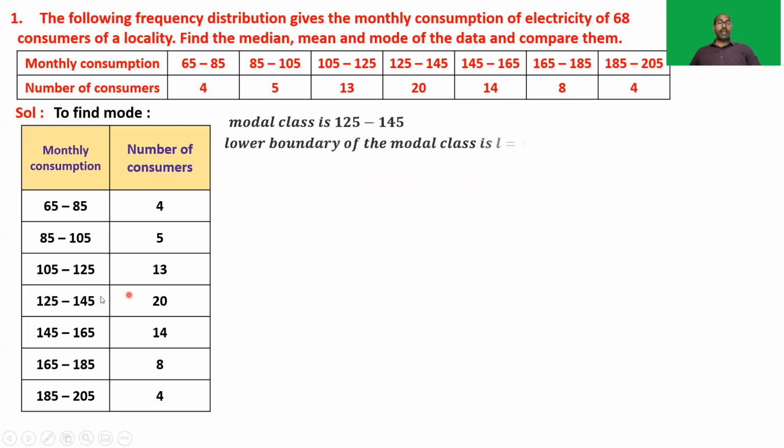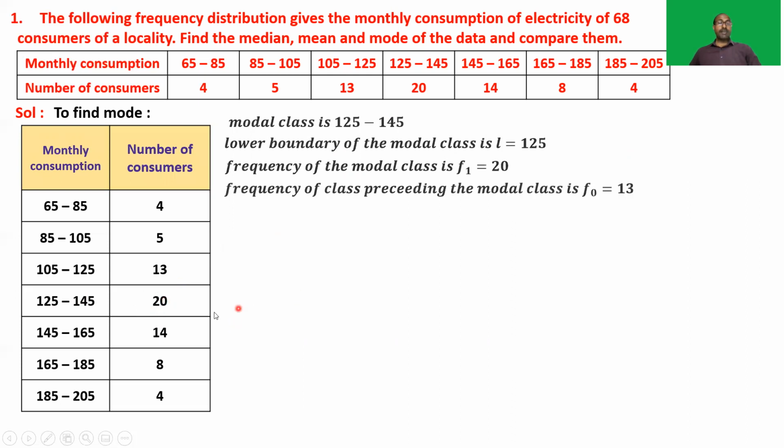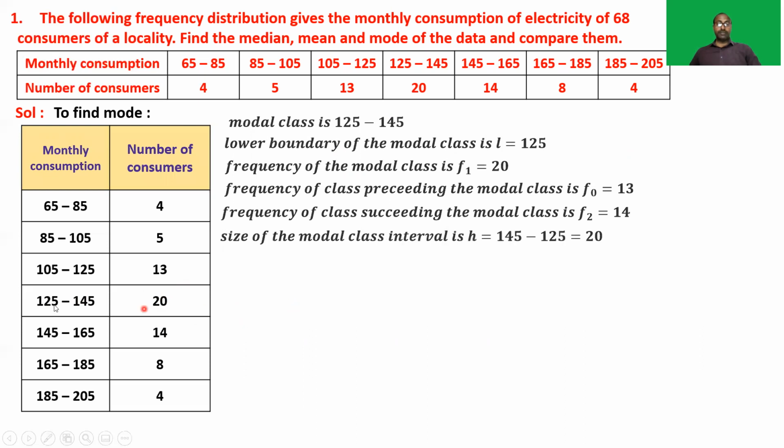Now the lower boundary of this modal class L is equal to 125, and the frequency of the modal class F1 is equal to 20, and the frequency of the class preceding the modal class F0 is equal to 13, and the frequency of the class succeeding the modal class F2 is equal to 14. And we know the size of the modal class H is equal to 145 minus 125, which is equal to 20.